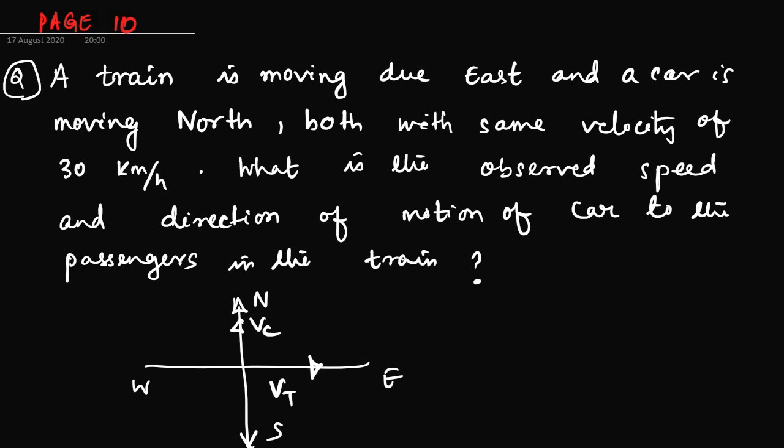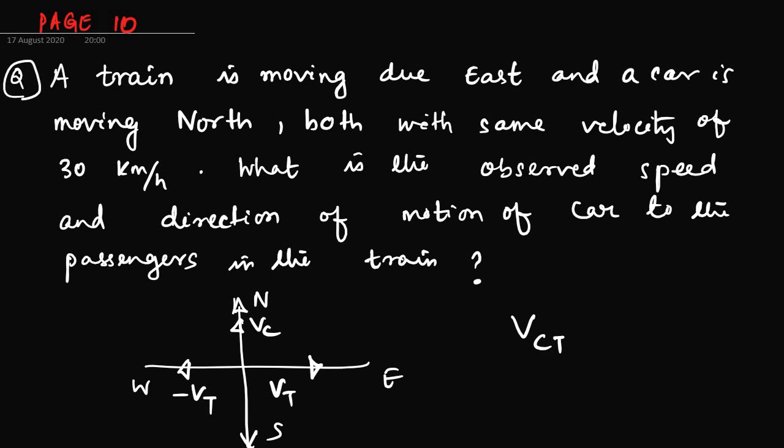Now the observed speed and direction of the car has to be the relative velocity of the car with respect to the train, and that would be denoted as VCT. Okay, now what we need to do here is add another velocity, minus Vt, because the car is heading away from the train.